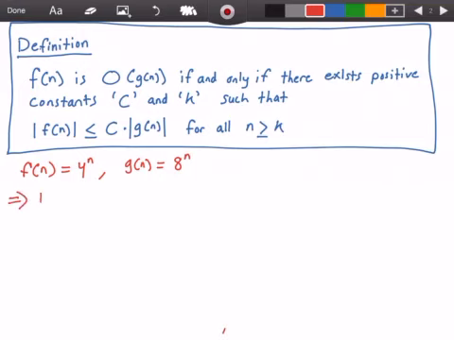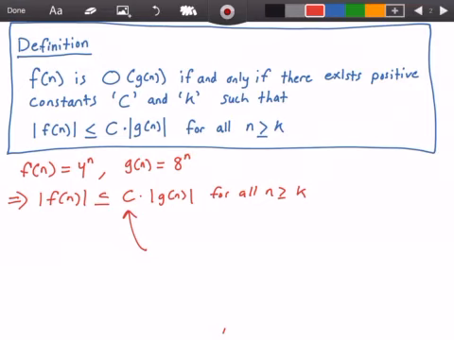All right, so we have the absolute value of f of n grows less than or equal to some constant c times the absolute value of g of n for all values of n greater than or equal to k. All right, now, again, what we're going to do is derive that constant value c here.